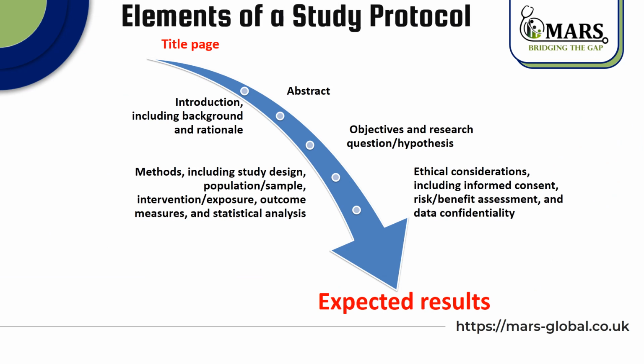It starts by title page, abstract, introduction including background and rationale, objectives and research question, hypothesis, methods: what is your study design, what is your calculated sample size, what is the population, what is the intervention or exposure, what is the outcome measure you will use, what is the comparator, and what statistical analysis would be used for your data. Also, ethical considerations, informed consent, risk-benefit assessments, and data confidentiality, and also what is your expected result.